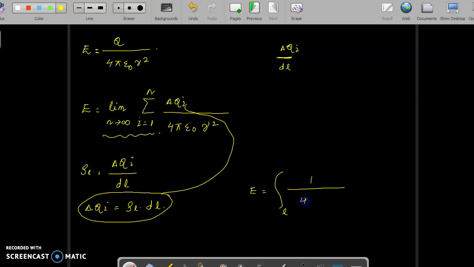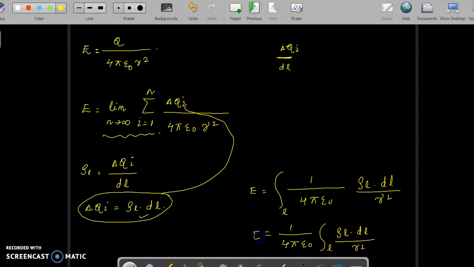So this becomes 1 by 4 pi epsilon naught, which is a constant, and delta qi can be replaced with rho L, that is the line charge density, into dl by r square. So this is the electric field at point P due to the line charge distribution.